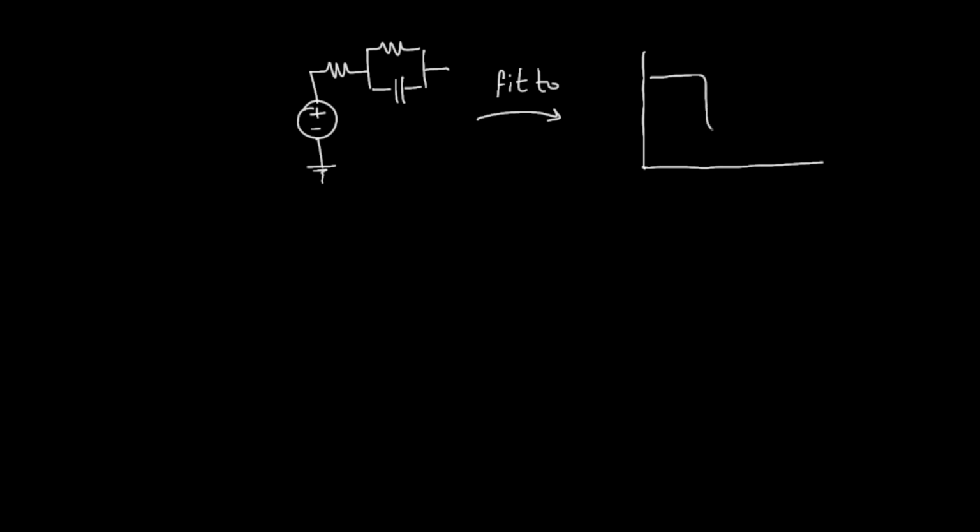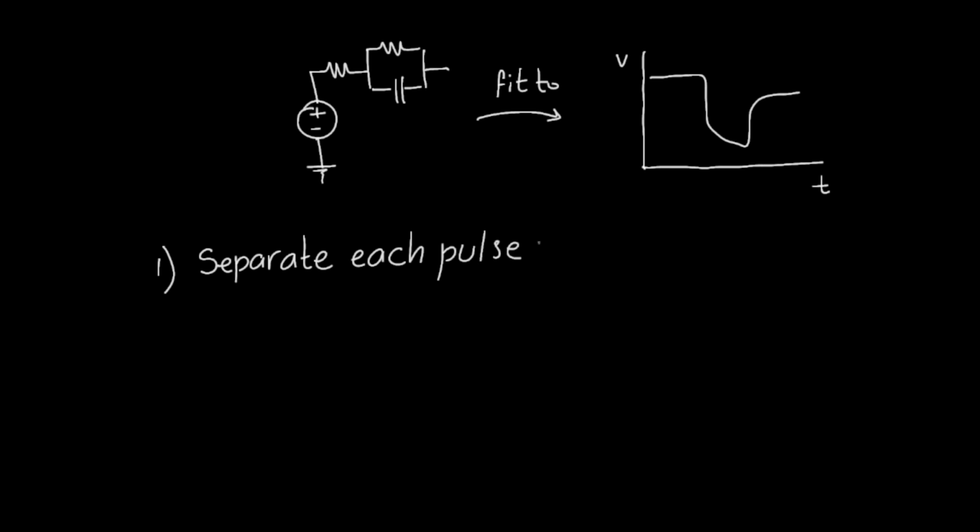We can do this in several ways. First way would be separating each pulse and finding the equivalent circuit parameters by fitting the voltage with the exponential function that describes the response of an RC pair to a step current.